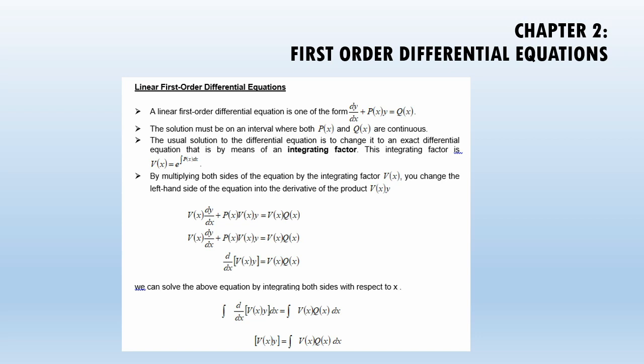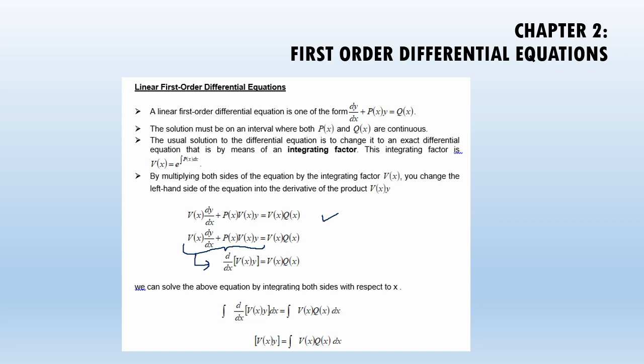As line 1, we have multiplied both sides by the integrating factor, and we change the left-hand side to the derivative of the product v of x times y.